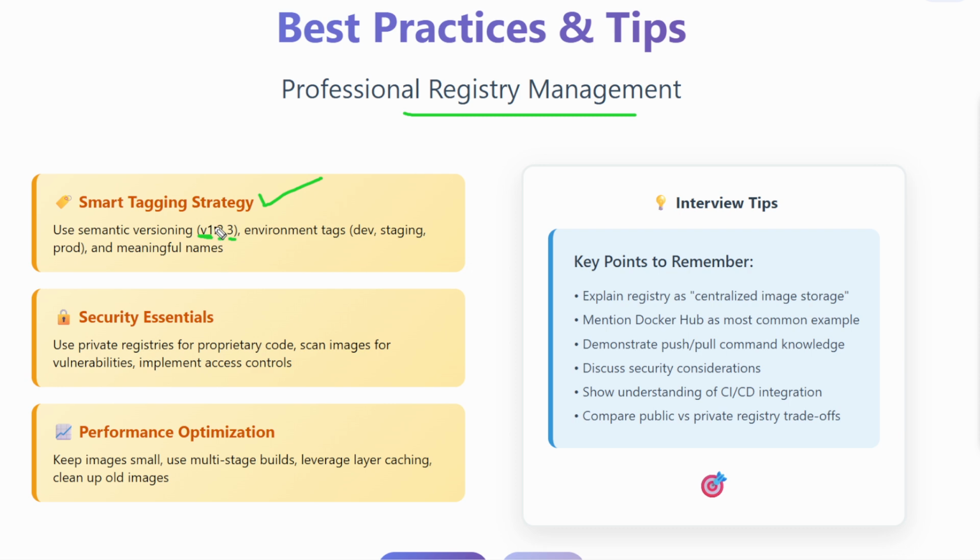Let's say if you got a very big change in your application version, then you need to change it to v2. If you got some new feature implemented, then it will go to 3. Then let's say if you found a new bug, then that will be fixed. Now you need to deploy a new version, then you need to go with 4, like that. I mean, this is the hierarchy you need to follow. That is basically the semantic versioning that needs to be followed here.